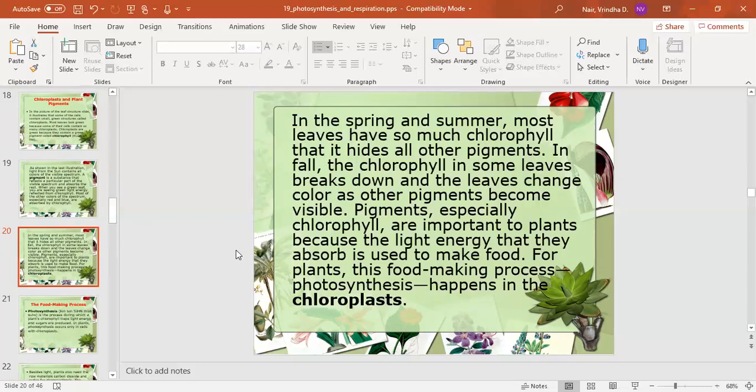The pigments, especially chlorophyll, are important for the plant because the light energy that they absorb is used to make food. So obviously chlorophyll is very important for the plant because plants try to grab more of the sun's light through chlorophyll. For plants, the food making process, which is photosynthesis, happens in the chloroplast.